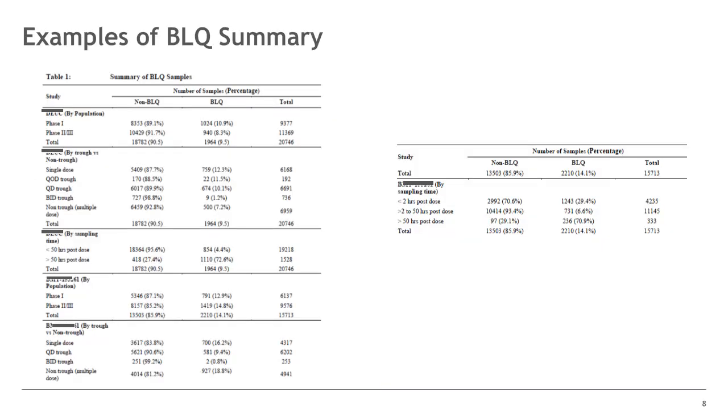Yeah, so this is the BLQ summary. We've done this in a couple of submissions, and there are multiple ways of doing this. So what we have done here, this is a summary of BLQ samples, number of samples and percentage by population on the left. It's by phase 1, phase 2, 3, and non-BLQ, BLQ, and the total. And we have also done by trough versus non-trough.